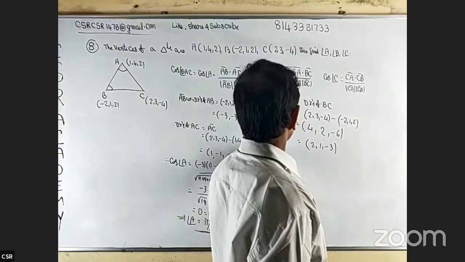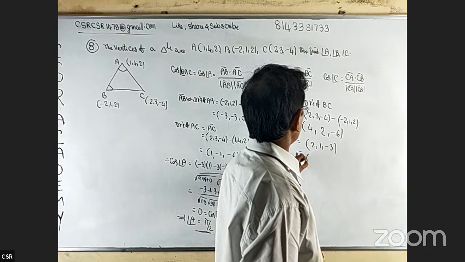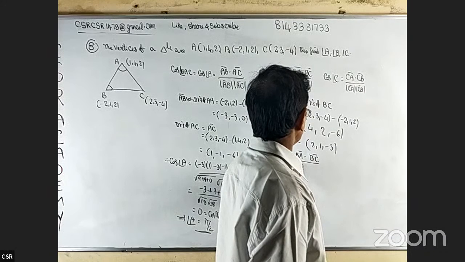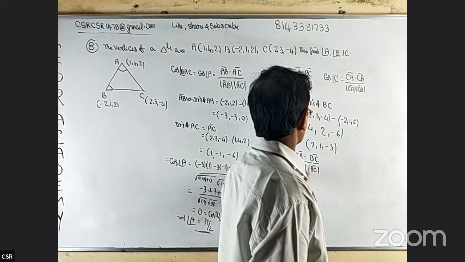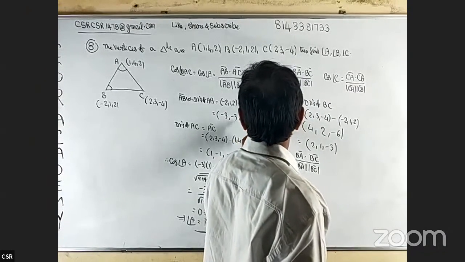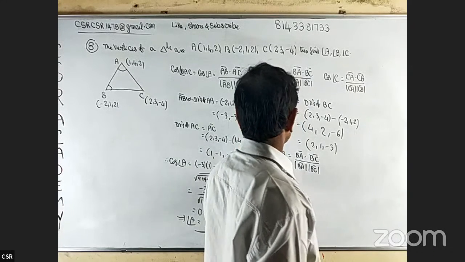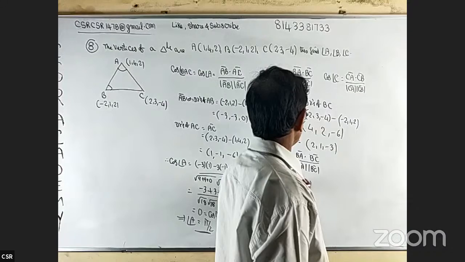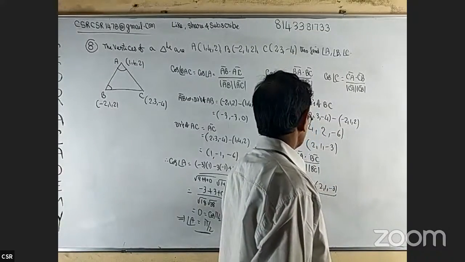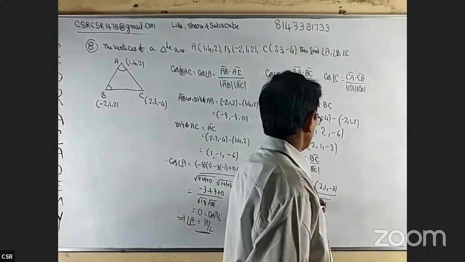Now cos angle B is equal to BA bar dot BC bar by mod BA bar mod BC bar. Here we have AB bar, so BA bar means reverse: 3, 3, 0 dot BC 2, 1, minus 3, by under root of 9 plus 9, under root of 4 plus 1 plus 9.